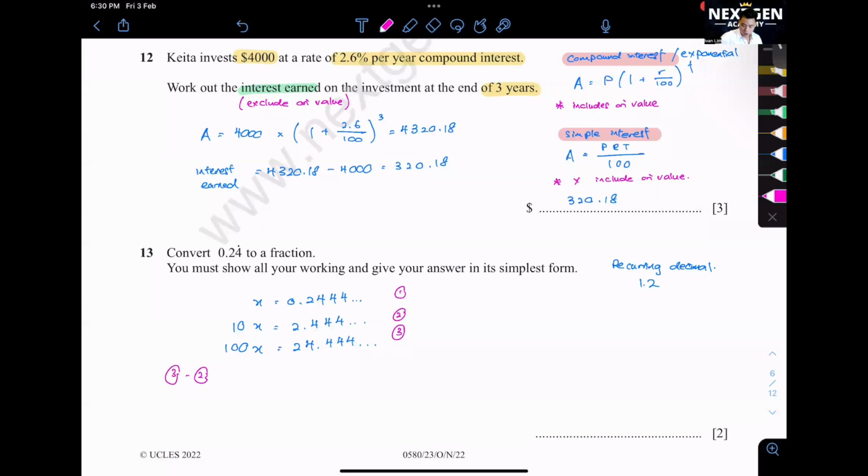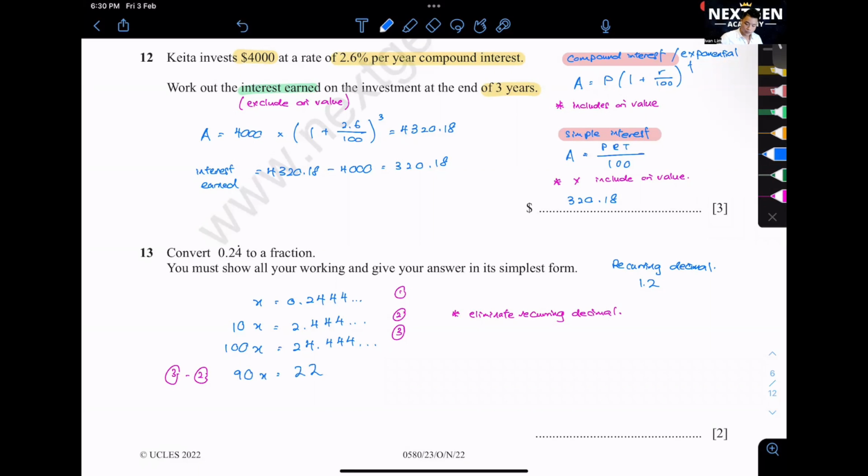Okay, so your goal here is you want to eliminate recurring decimal. So you will get here 100x minus 10x, you get 90x. This one, 24.444 minus 2.444, you get 24 minus 2, which equals 22.